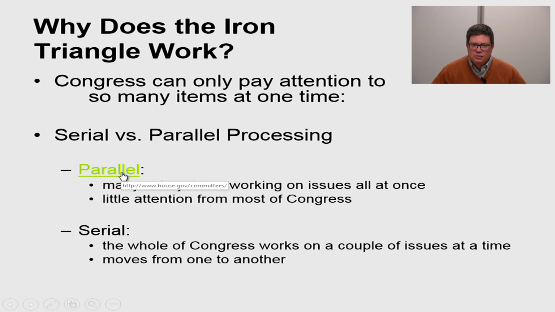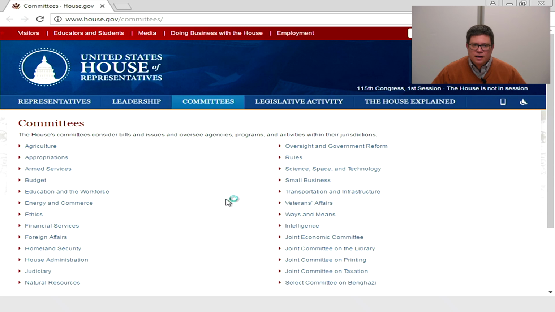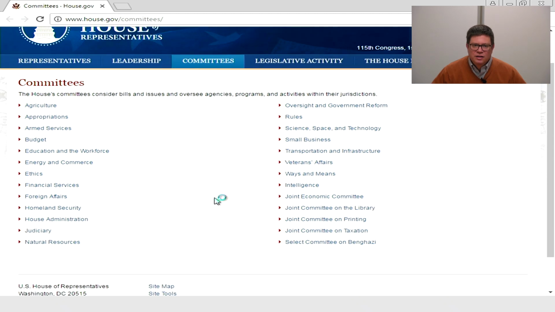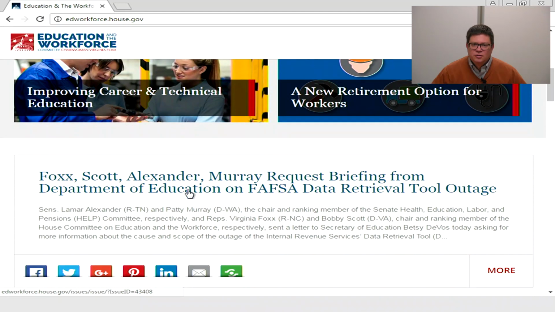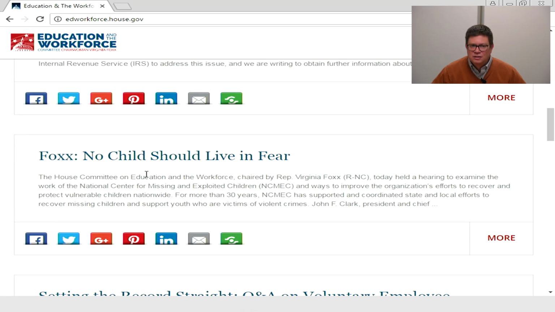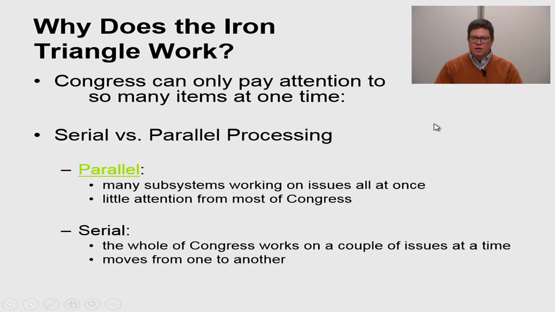So we can take a look here at the House of Representatives, and right there you see the number of different committees that are out there. On top of that, just think about education and the workforce. There are a whole bunch of different subcommittees associated with this as well, right? So at any given point in time, there are a lot of people working on a lot of different issues, and every member of Congress is not worried about every issue.